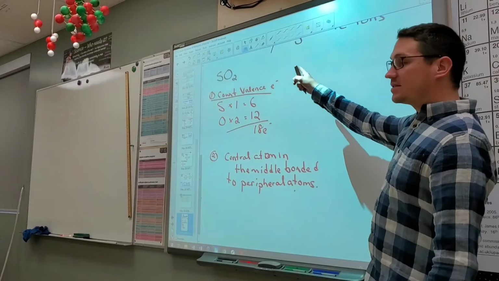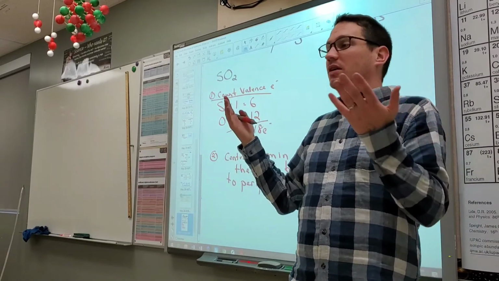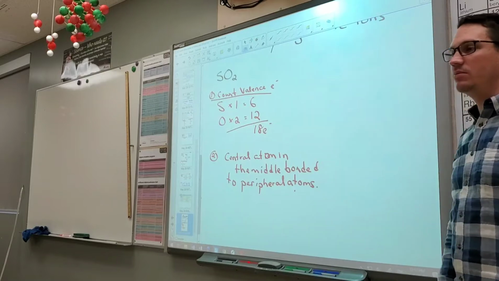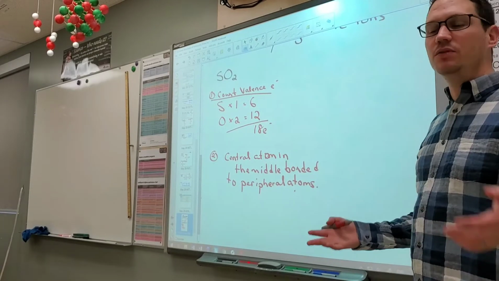Which one of these do you think is the central atom? Do you know which one it is? It's the sulfur. They're trying to tell you that it's the sulfur.